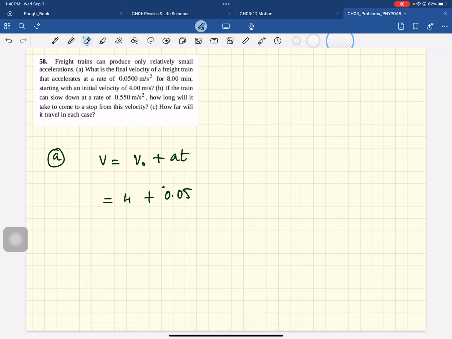Okay, I'll write down units. And what is the time at which you're finding the acceleration? I mean, what is the time at which you're finding the velocity? 8 minutes. You have to convert that to second. 480 seconds. Okay?